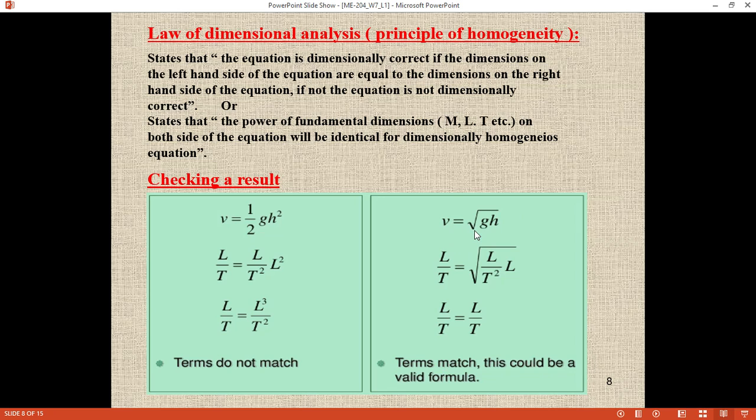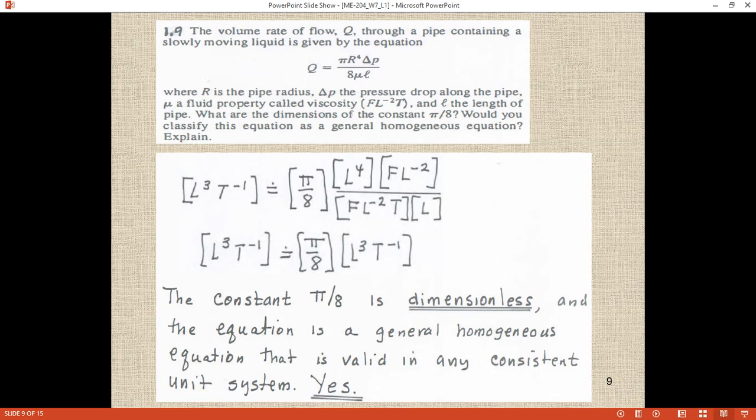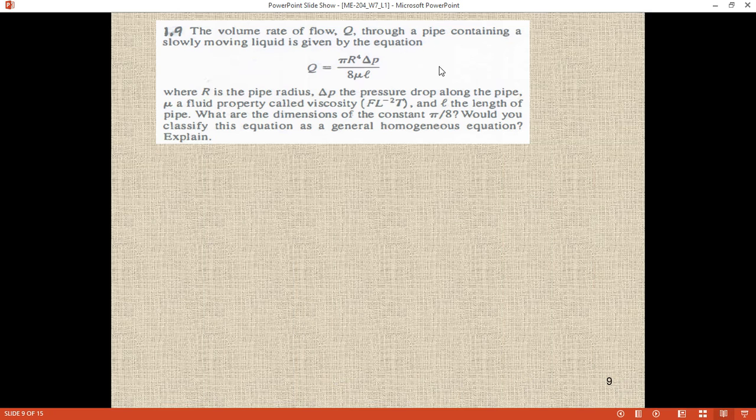So based on that, now we can do one exercise. Here you can see the volume flow rate through a pipe containing a slowly moving liquid is given by the equation.